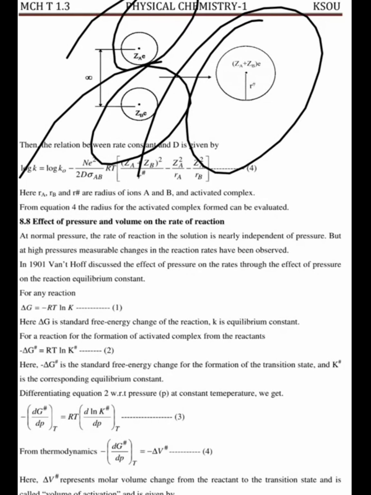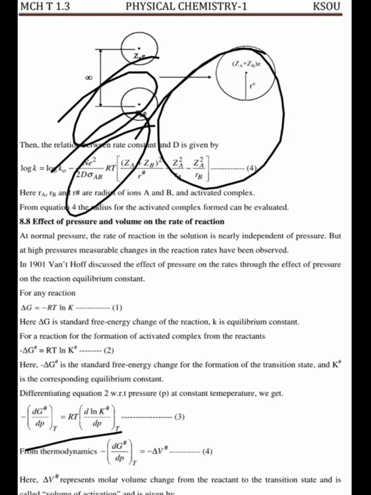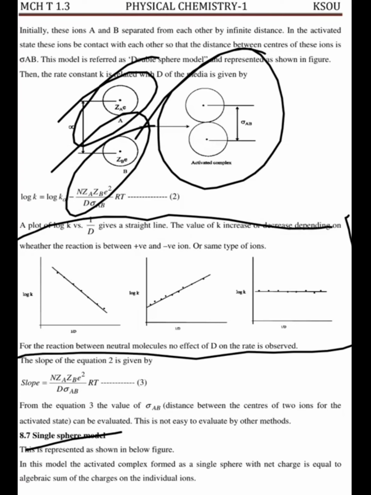So here the value of K increases or decreases depending on the reaction between positive and negative ions. Same plots as I explained previously: as the rate of reaction increases, the ionic strength decreases when it is having different positive and negative ions.